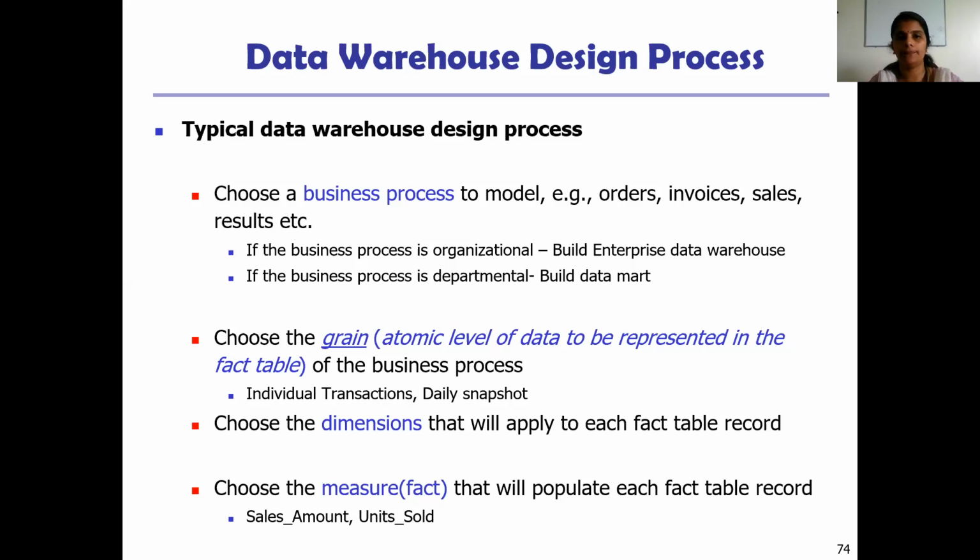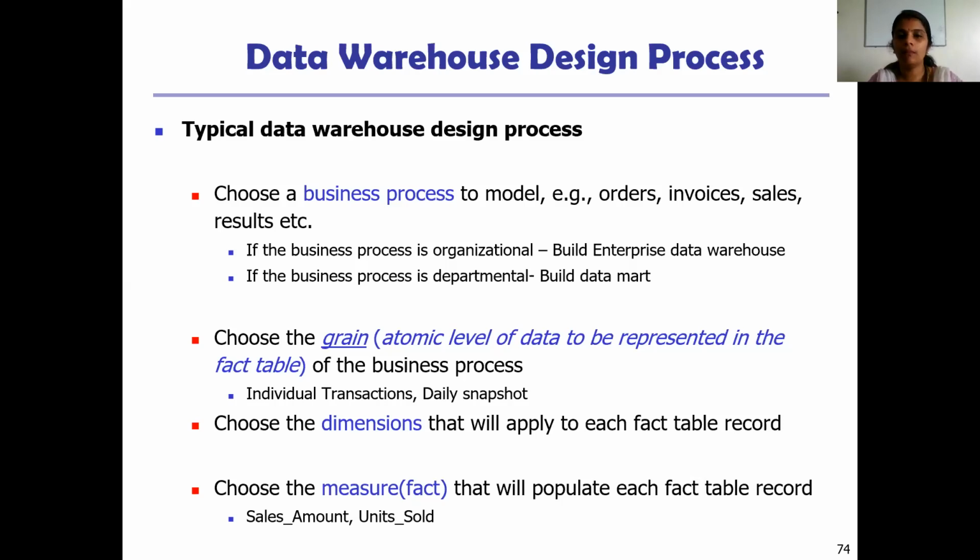So the first thing we do is choose the business process that we need to model. The second thing is to choose the grain. What is grain? It is the atomic level of data to be represented in the fact table. For example, if you are building a data warehouse for a bank, an individual transaction happening in the bank can be a grain. To what level of summarization are we going to represent the data? The lowest level of summarization, the atomic level of data that will be represented, is the grain.